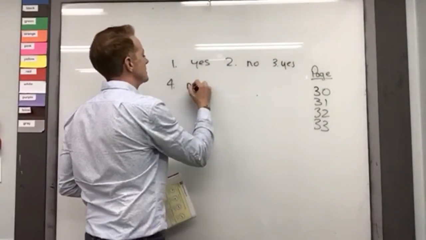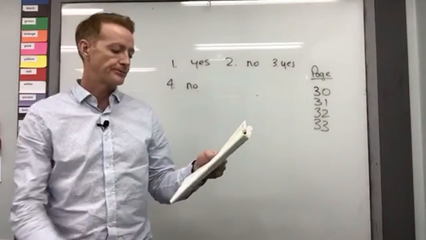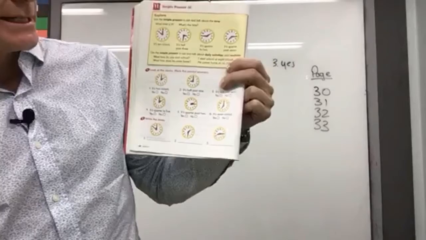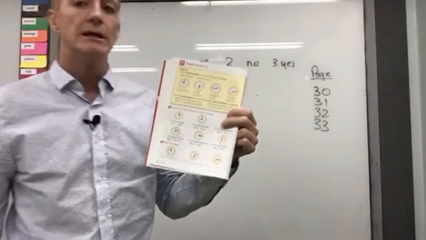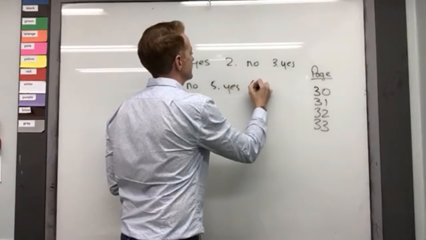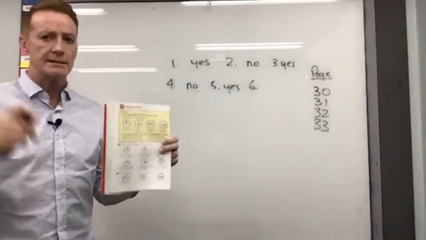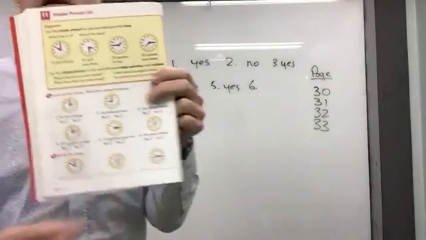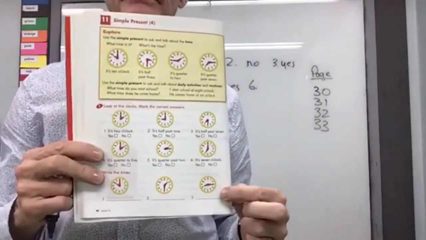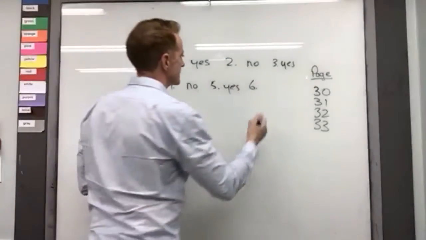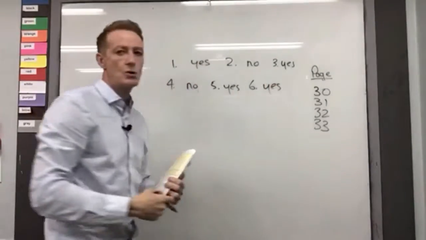So this one is no. What about number 5? Is it 2:15? Yes. Check, yes. And number 6, is it 7 o'clock? Yes, it is. It's 7 o'clock.